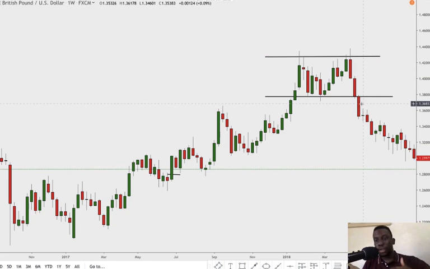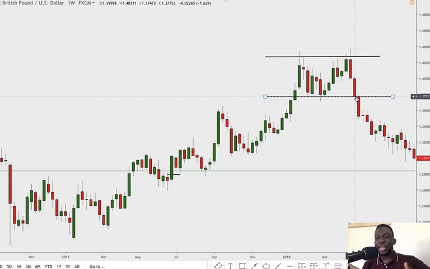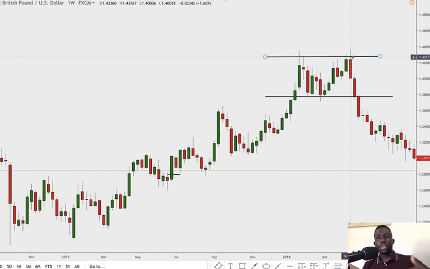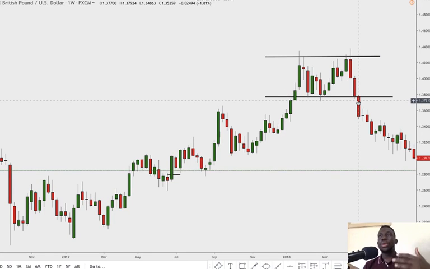So we break out of this range, and the characteristics of a double top is that once we break out of that neckline, it is usually a trend reversal. It is usually going to play out the same amount of pips that you used to consolidate in the box and all of that stuff. So I already know the characteristics of this chart pattern.